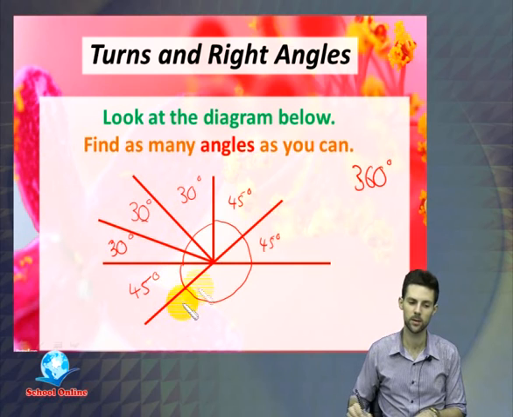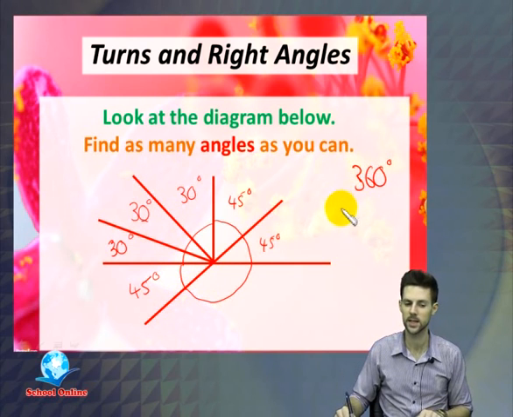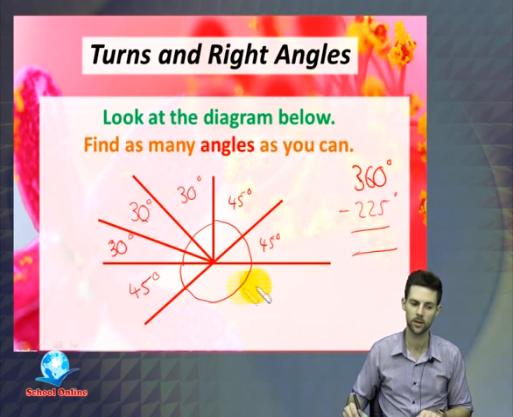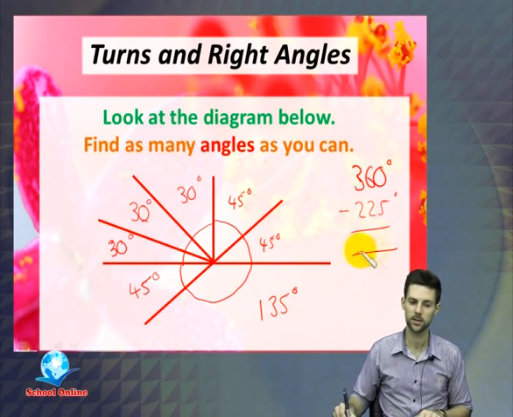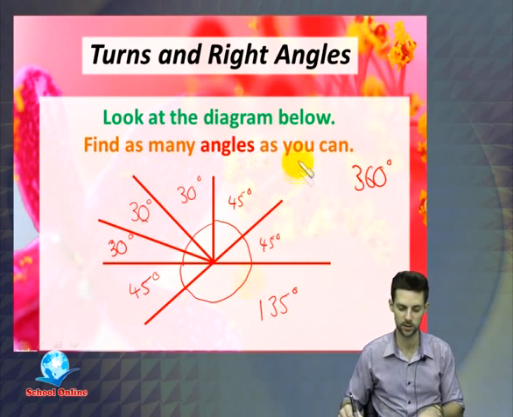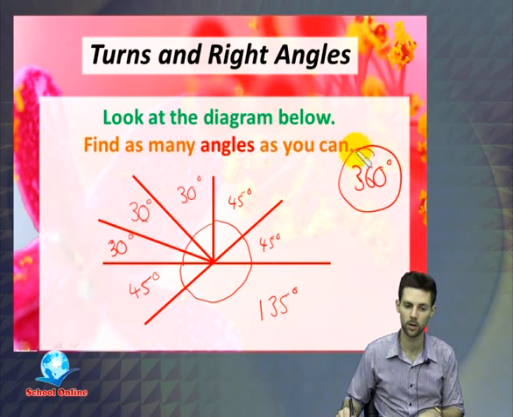So this angle here must be 360 minus 225 degrees. What is the answer? 135 degrees. So if we add all that up, we come to a total of 360 degrees, or 1 complete turn.